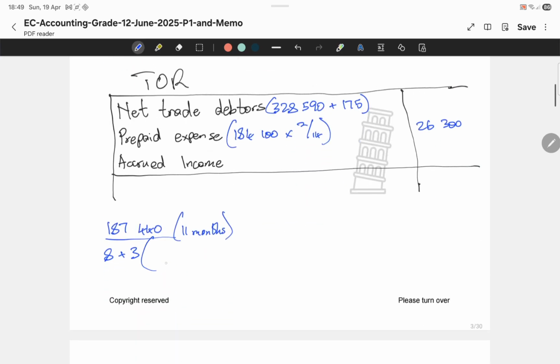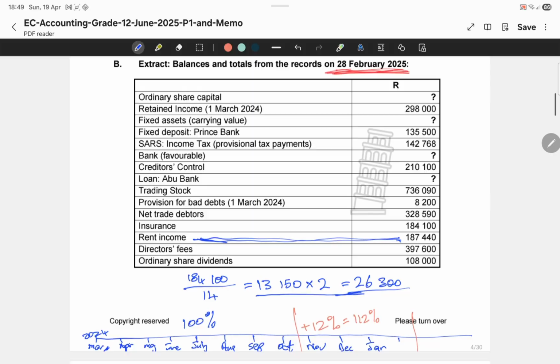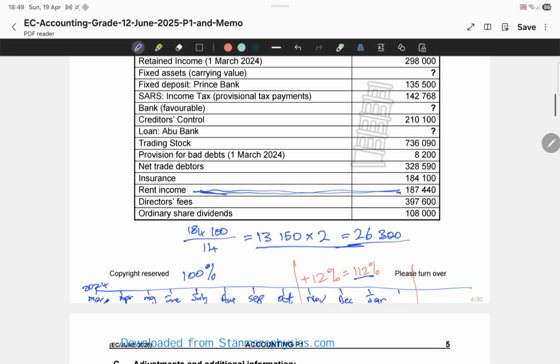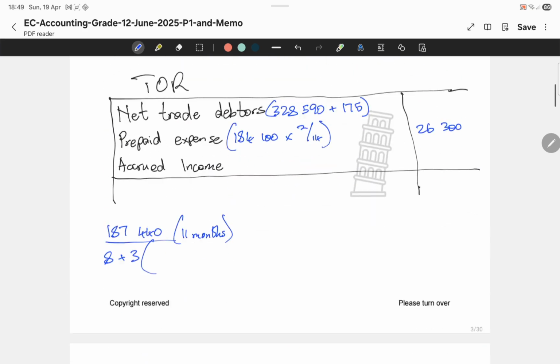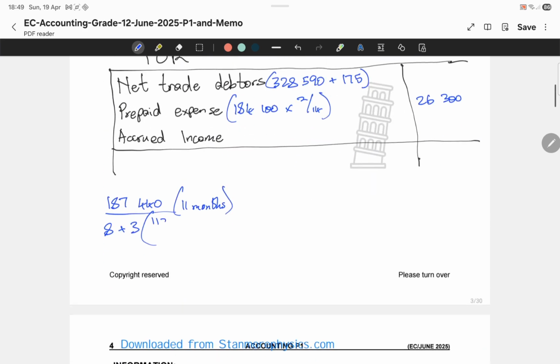Then you open bracket. You are going to take the 112%, because why are we taking the 112%? It's because we are looking for a month whereby the rent was already increased by 12%. So it is 100% plus 12%. It's 112. So we are going to take 112 divided by the original percentage, which is 100.